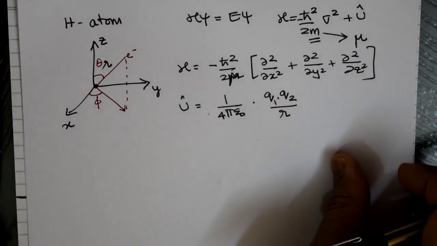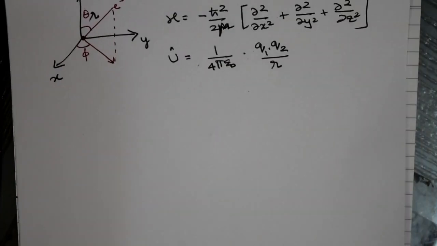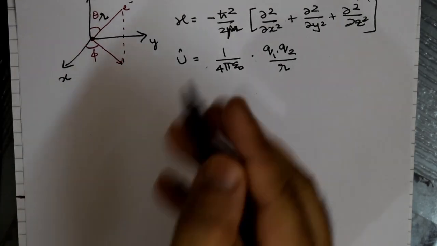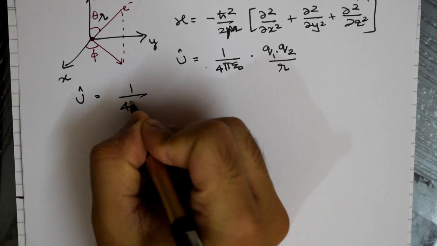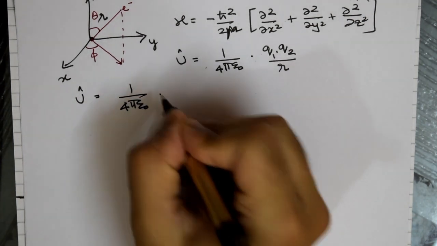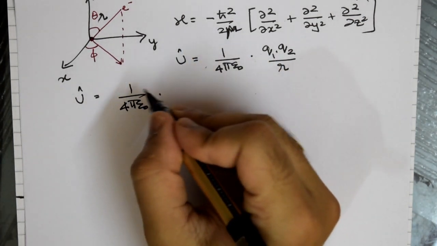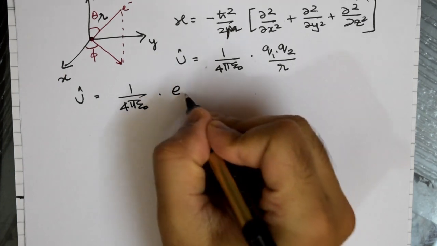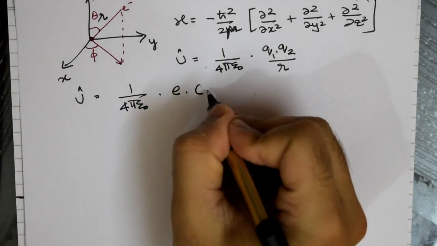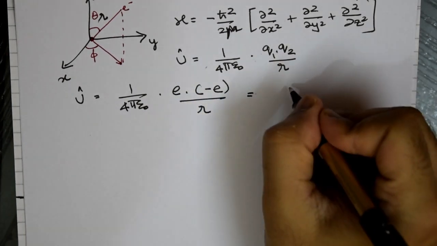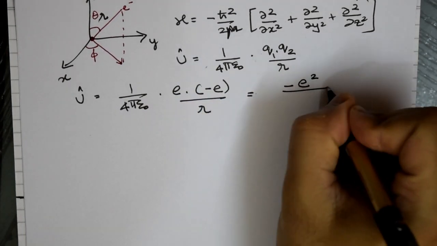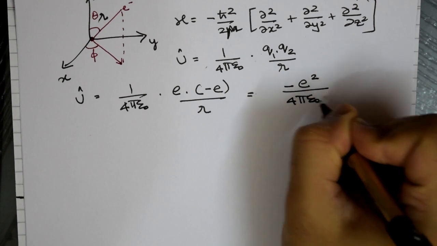So in this system, the potential energy is 1 over 4 pi epsilon naught times q1, the charge on the proton, which is e, times q2, the charge on the electron, which is minus e, divided by r. So this results in minus e square by 4 pi epsilon naught times r.